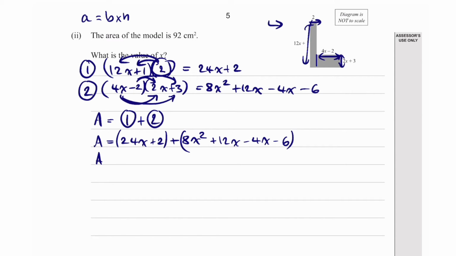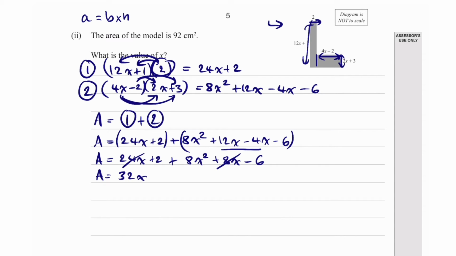So we get area is equal to 24x plus 2 plus 8x squared, and I can simplify these two terms down, 8x minus 6. Now we can further simplify our like terms by combining expression 1 and expression 2. So area is equal to 24x plus 8x. That's 32x.